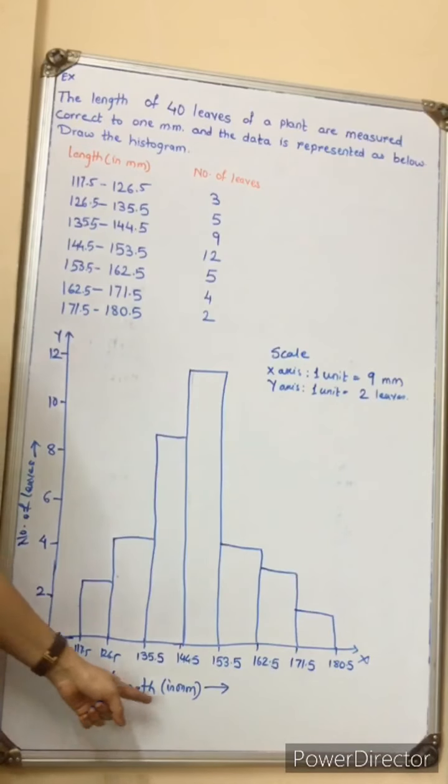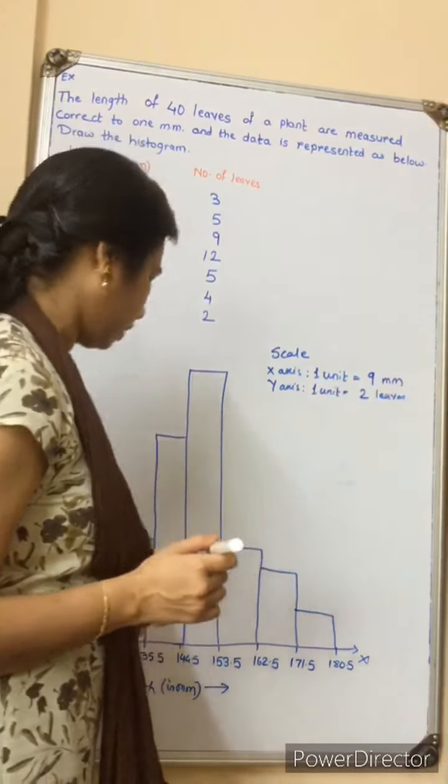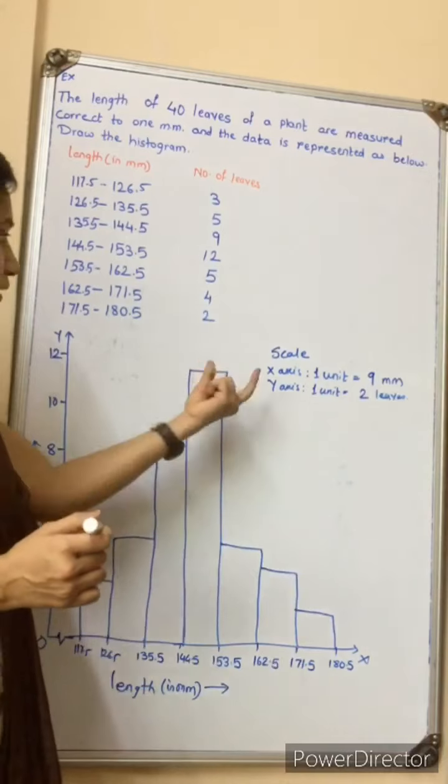On the x-axis we have taken length, so here 9 mm, which is the class width.